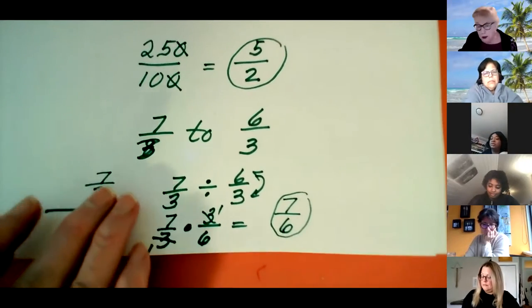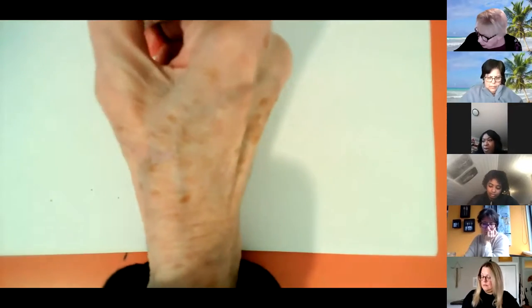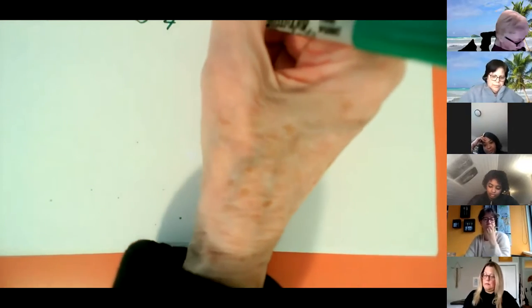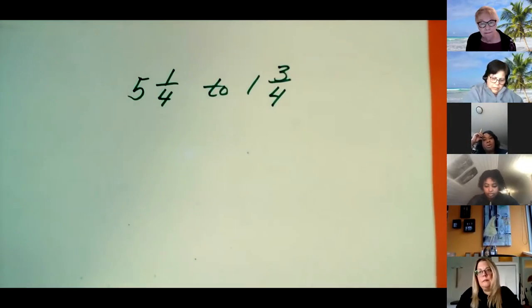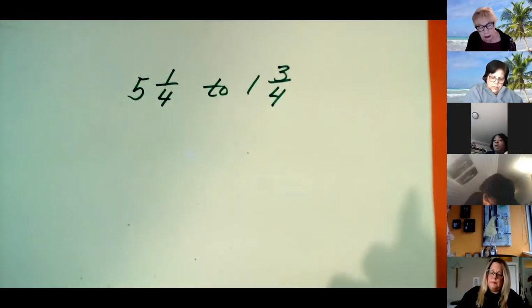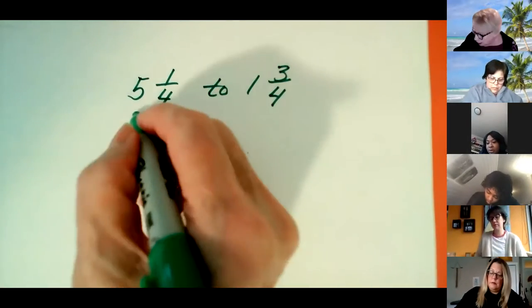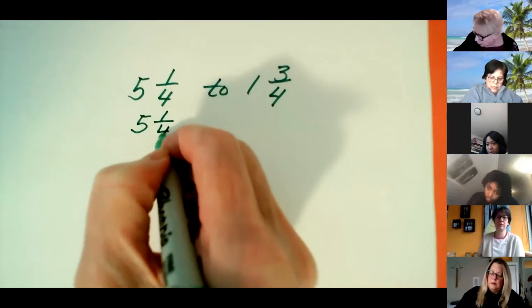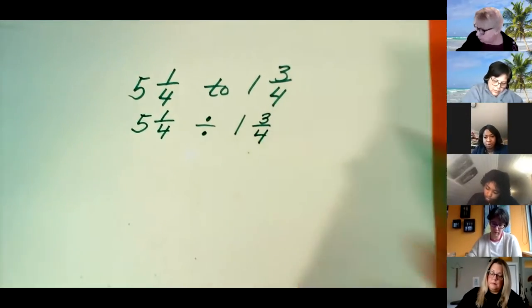I did see a few that were slightly worse than this one. And this is going to be review. It's a ratio, which is a fraction. So this is telling us to divide. So it's 5 1/4 divided by 1 3/4.